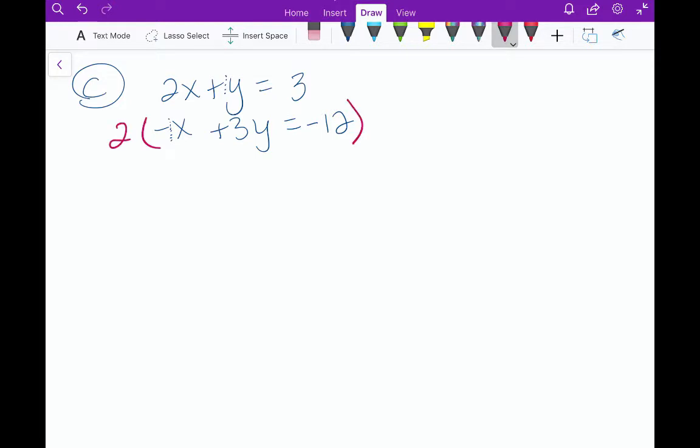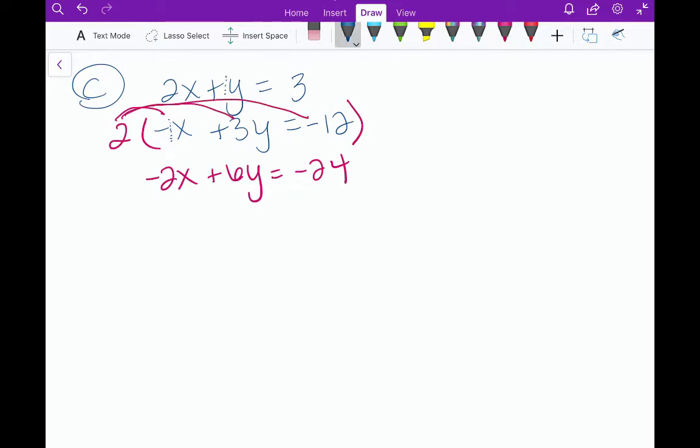And if I do that, this first term, 2 times -x, is now going to become -2x, which is opposite of 2x, which will allow me to eliminate. 2 times 3y is 6y, and 2 times -12 is -24. Make sure that you distribute this all the way across.